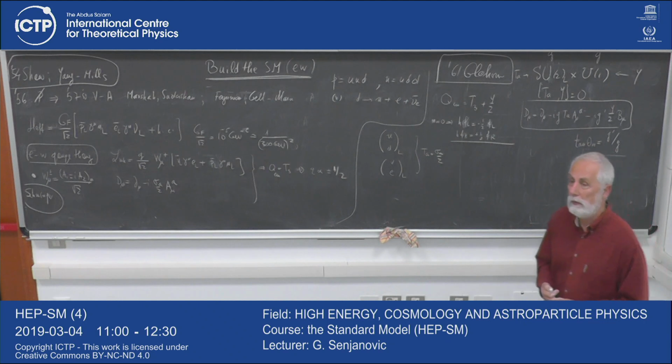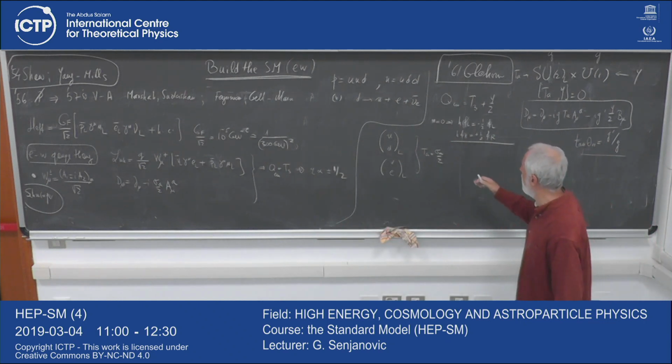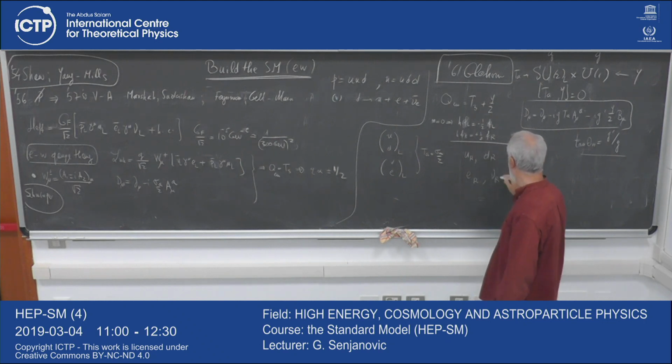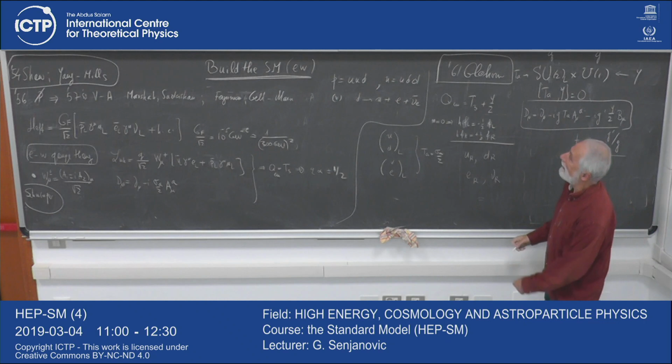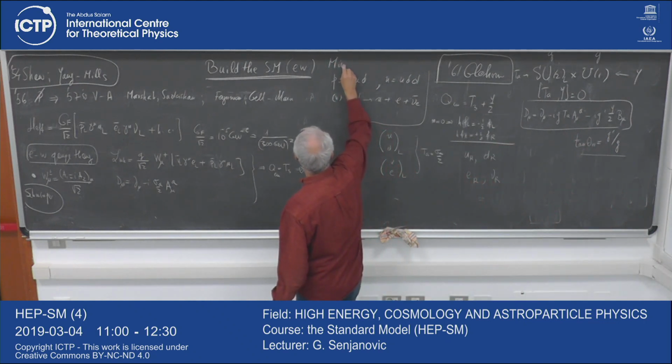So the photon couples to the positron, or the right-handed electron. So there is a right-handed electron here, E_R. And there is a right-handed quark. And there could be a right-handed neutrino, but we are going to build a minimal standard model as Glashow, Weinberg, and Salam did.